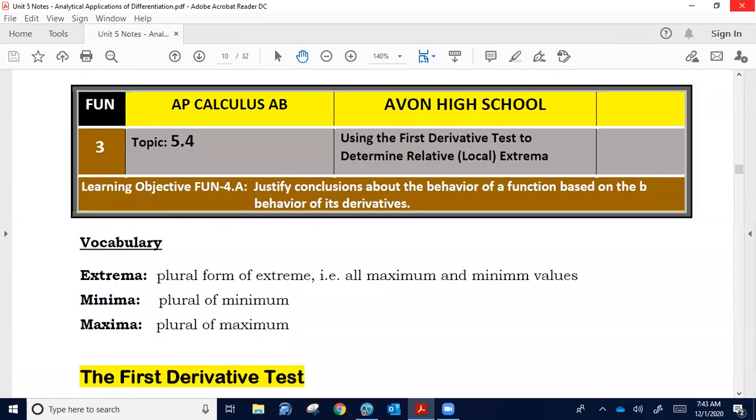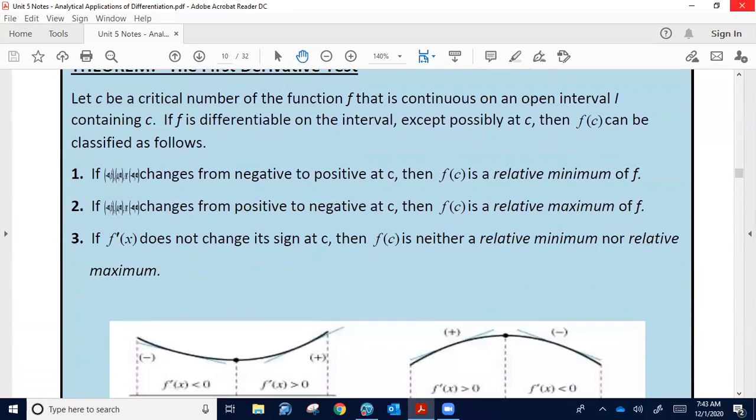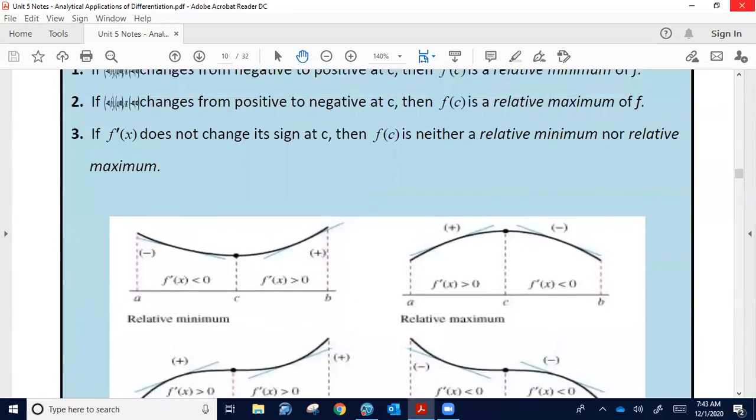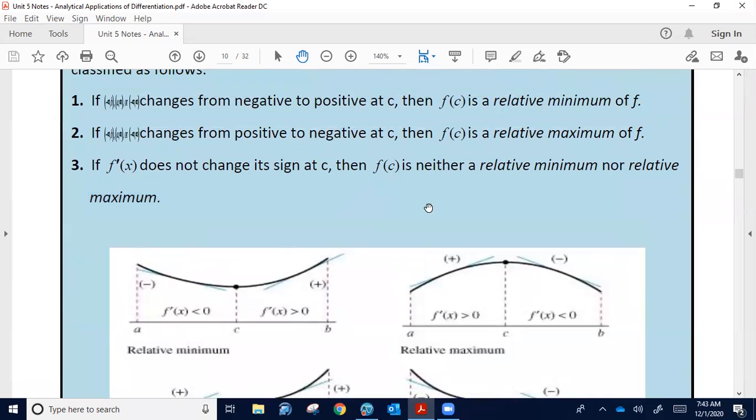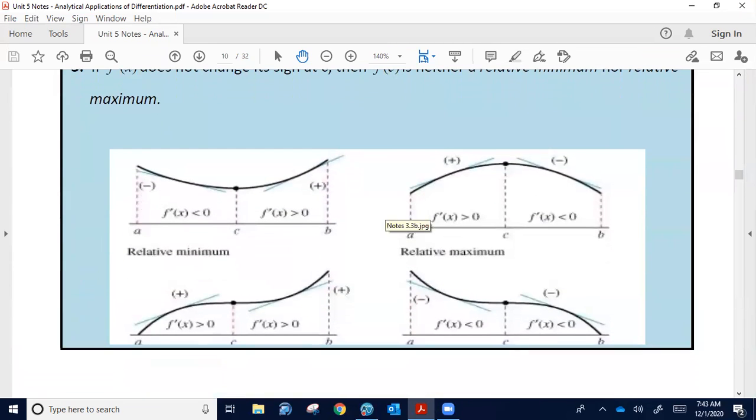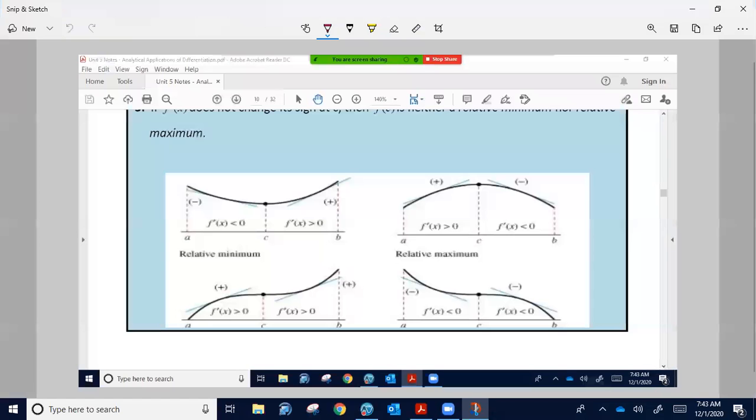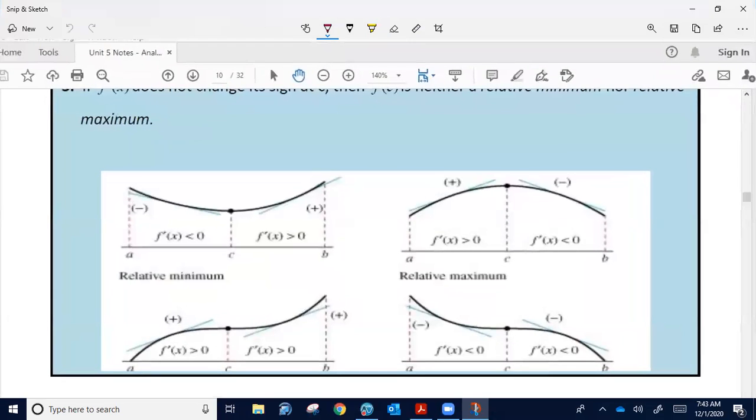So again, let's skip to 5.4 now. First derivative test. It's what we just discussed. If we go from a negative to a positive derivative, then that's a minimum.